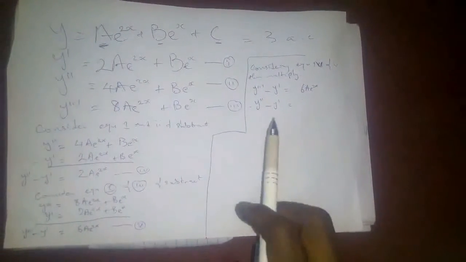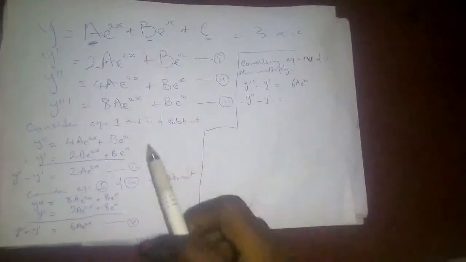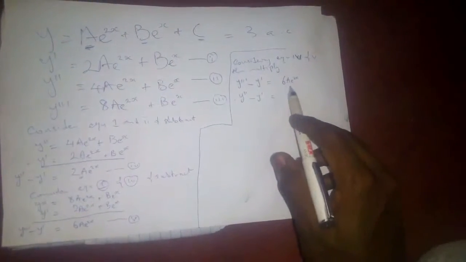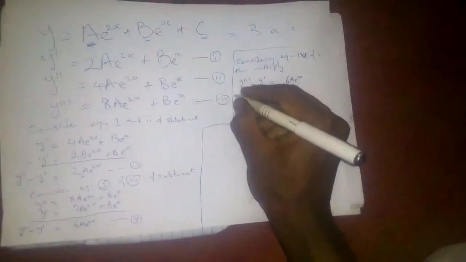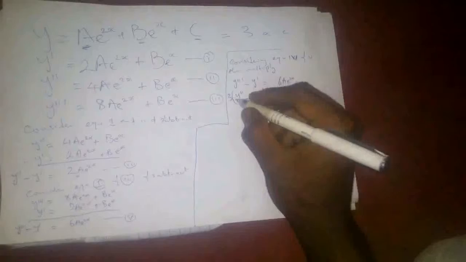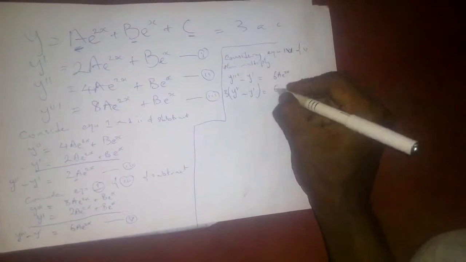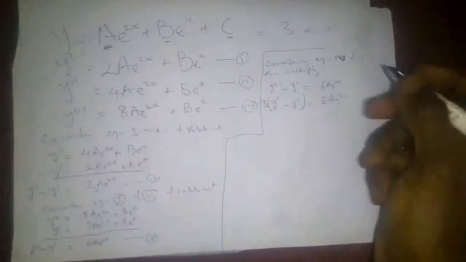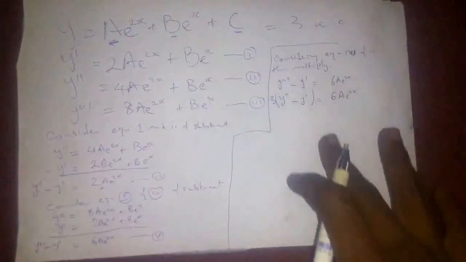What do we introduce to make it equal to this? It's like saying 3 brackets. So when 3 multiplies 2ae^(2x), it should give us 6ae^(2x). So now we've gotten this.